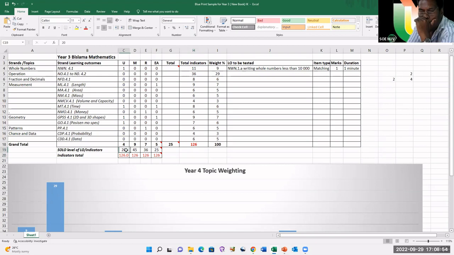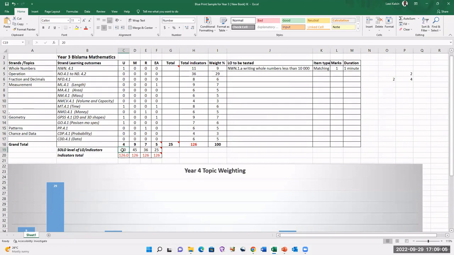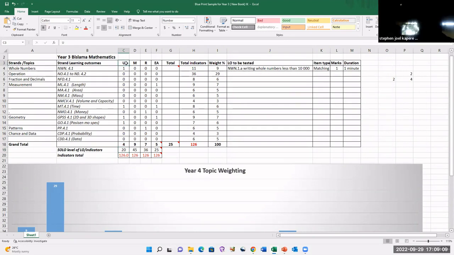Now, I mean, we have 20 indicators. So every strand, only unistructural. And now we measure, we start with the indicator. So it has 20. After that multi, it has 45.